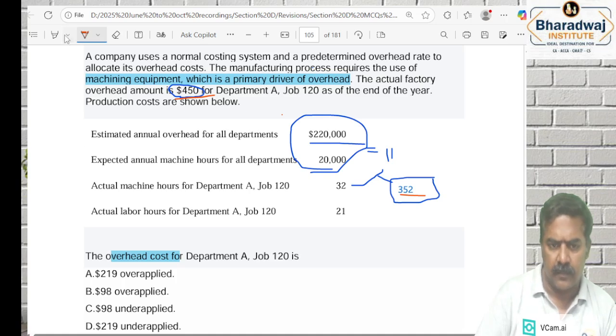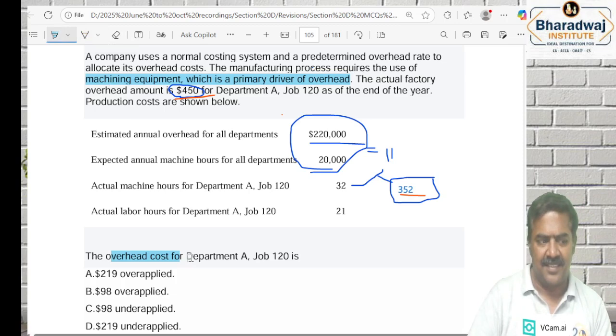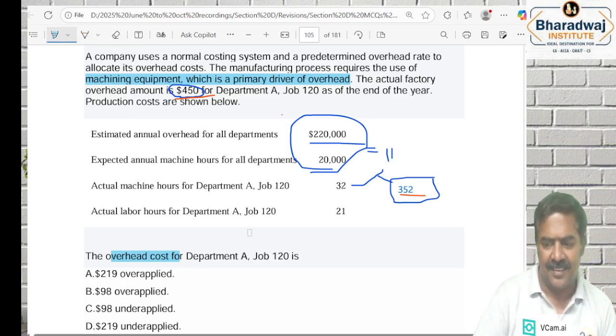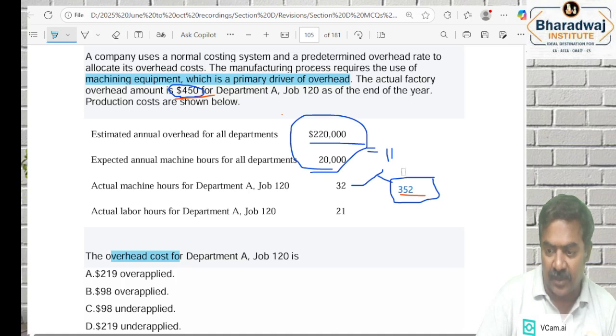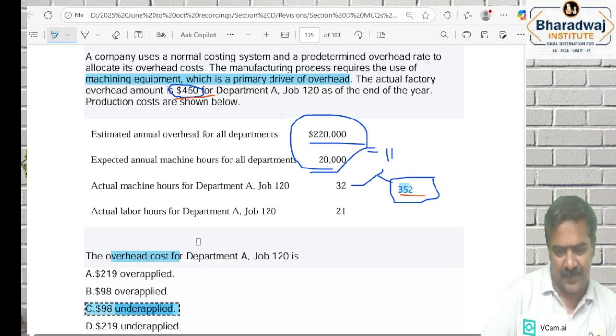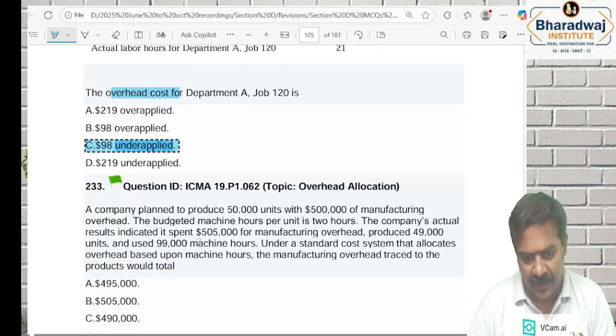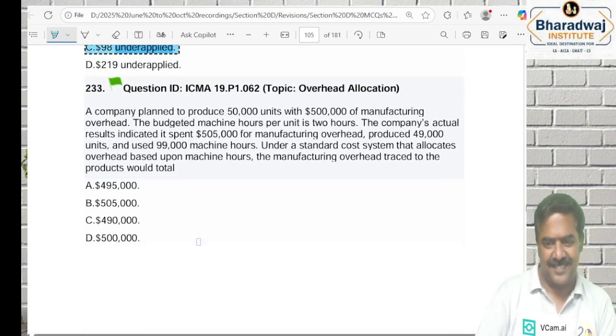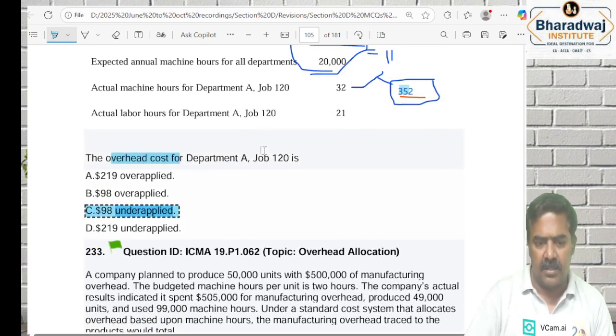Over applied? We applied only 352. Oh, under applied. Sorry, actual is more. Be careful. Under applied. Now calculate 352 minus 450. Okay, so it is under applied.